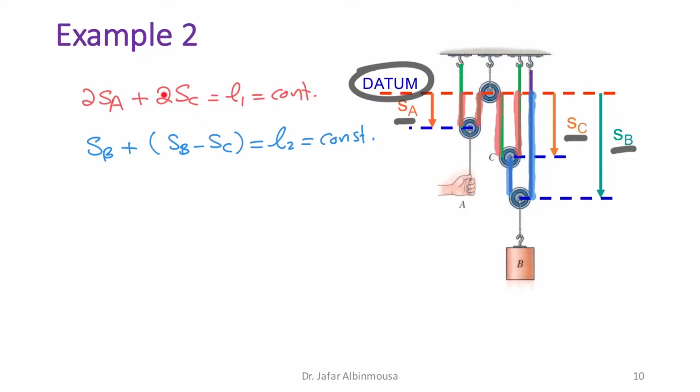So what do I do? I just eliminate SC from the two equations. What I will get is 2SA plus 4SB equals L1 plus 2L2.